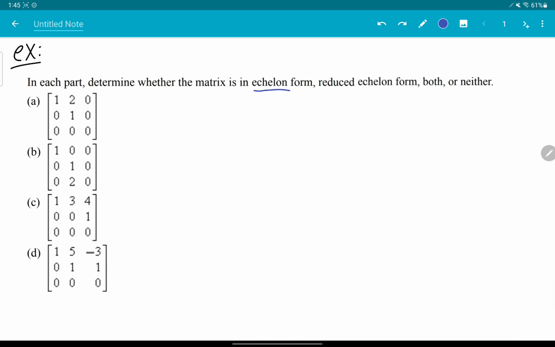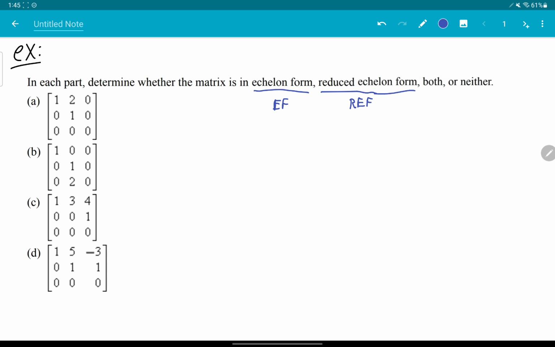Okay, echelon form, I'm going to just call that EF. Reduced echelon form, I'll call that REF. Now the first one.